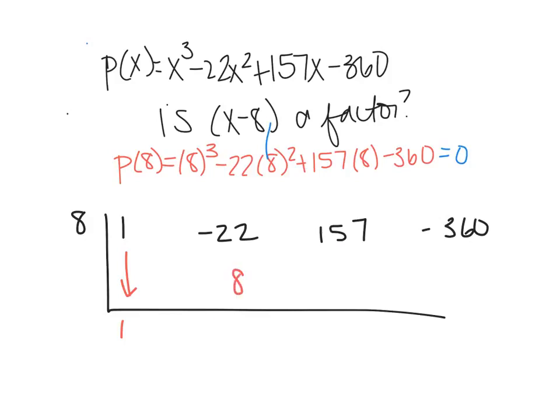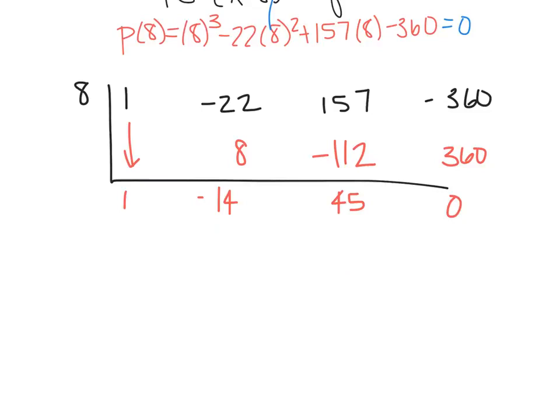Negative 22 and 8 is negative 14. And 8 times negative 14 is negative 112. And 157 minus 112 is 45. And then 8 times 45 is 360, and negative 360 and 360 is 0.